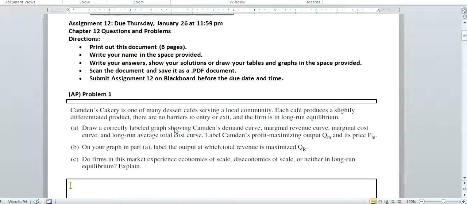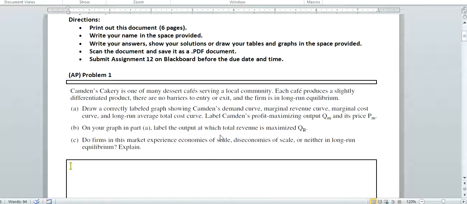So anyway, problem 1. Camden's Cakery is one of many dessert cafes serving a local community. Each cafe produces a slightly differentiated product. There are no barriers to entry or exit, and the firm is in long-run equilibrium.